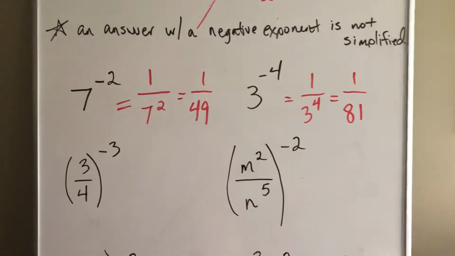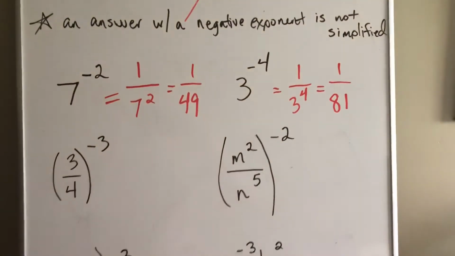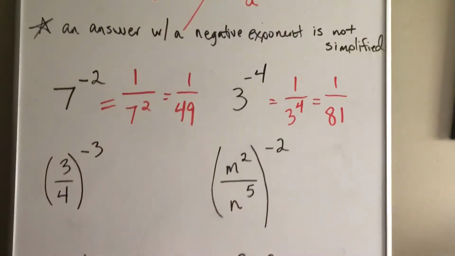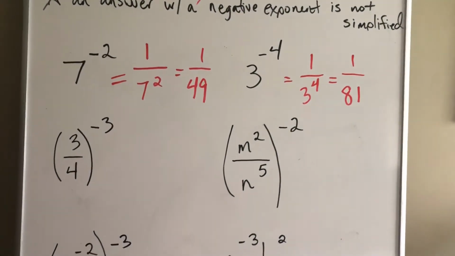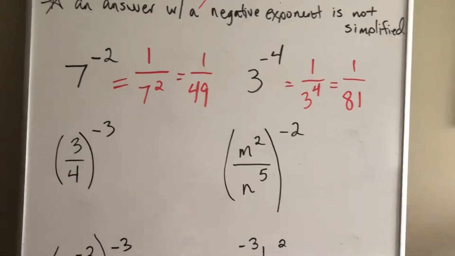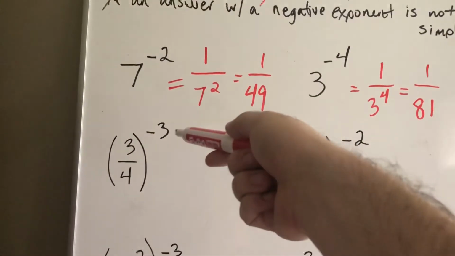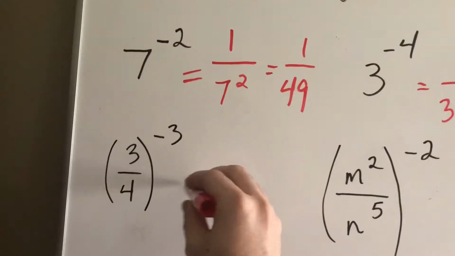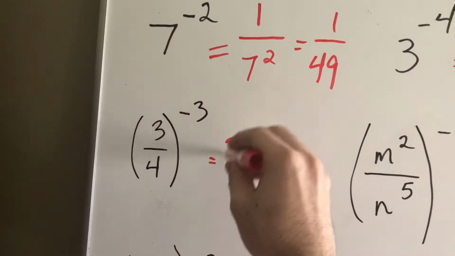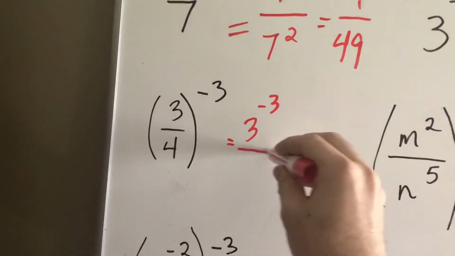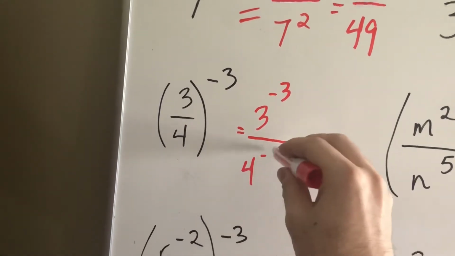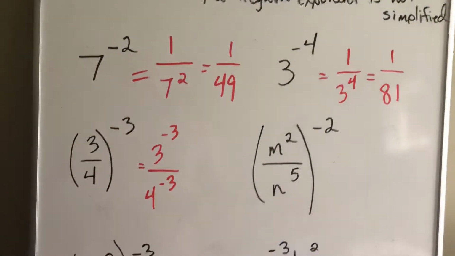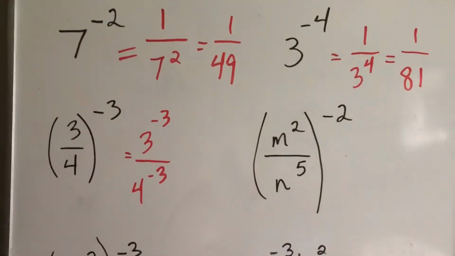Now, what if I'm dealing with a fraction inside parentheses? There are a couple ways you can approach these. I think for me, the first thing I would do is apply the power of a quotient rule, where first off, this exponent, negative 3, is going to get applied to both the numerator and the denominator. Now that we've gotten rid of our parentheses, let's convert this and get rid of the negative exponents.